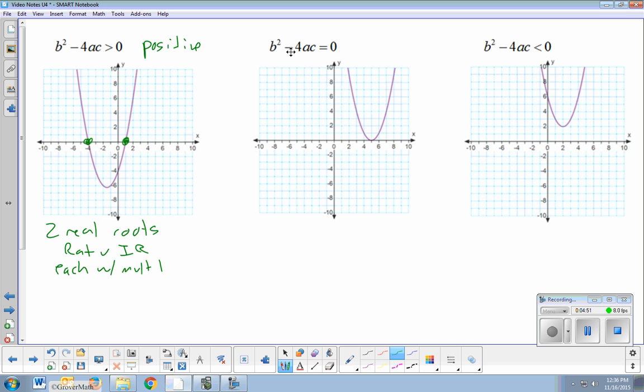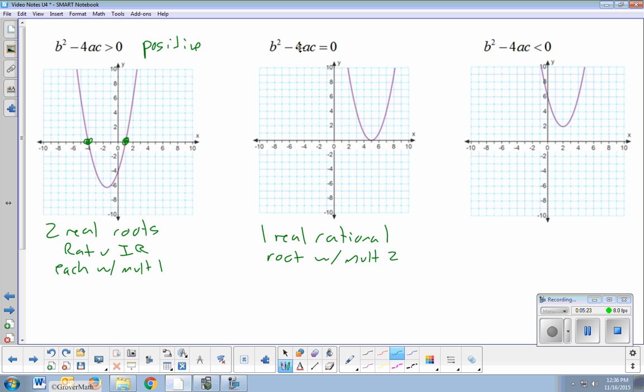Now, if our discriminant is 0, again, because there's a plus or minus in front of it, whatever this number is, positive, plus it, minus it, that's 2 different things. But when it's 0, plus or minus rad 0, plus or minus 0, there's not going to be two different things. And so we end up with one real rational root with multiplicity 2.